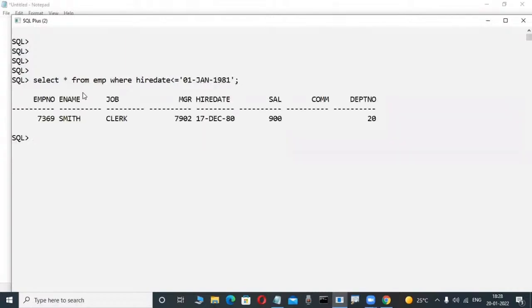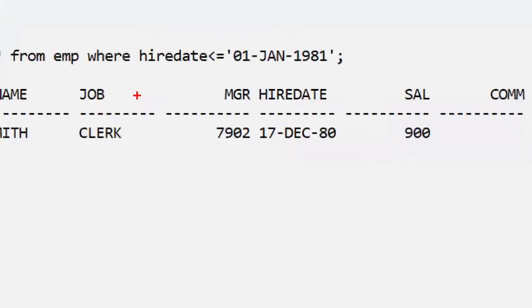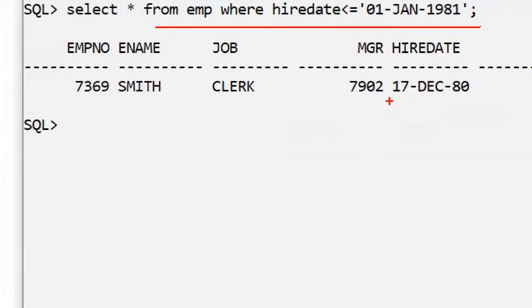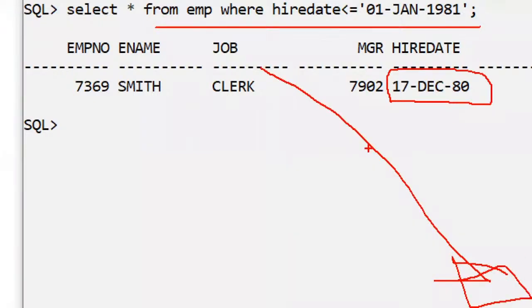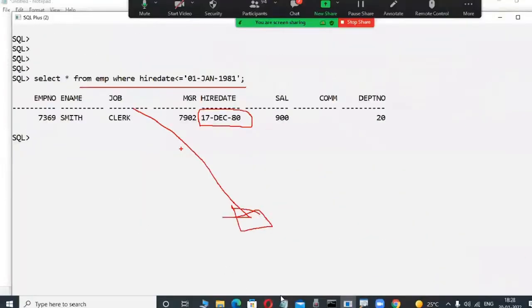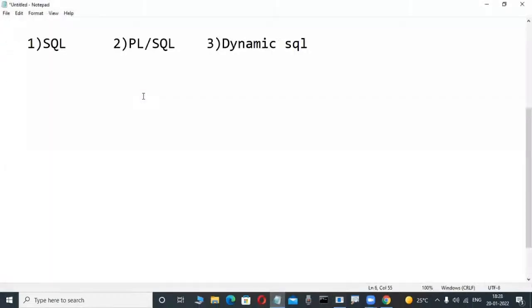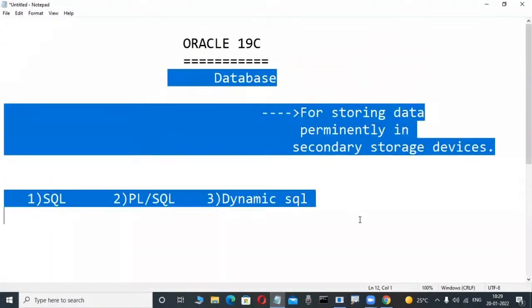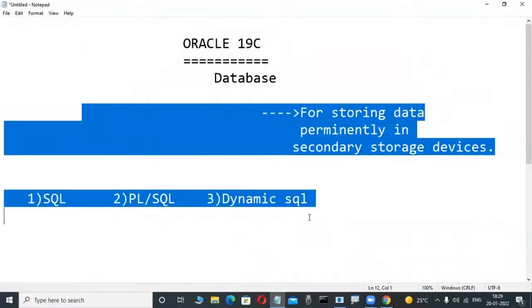They write the query, and the data is displayed automatically. With a single line of code, the employees who joined before 1981 are automatically retrieved from the database. That is why efficient data retrieval is most powerful, and it is possible only through these databases and these languages.